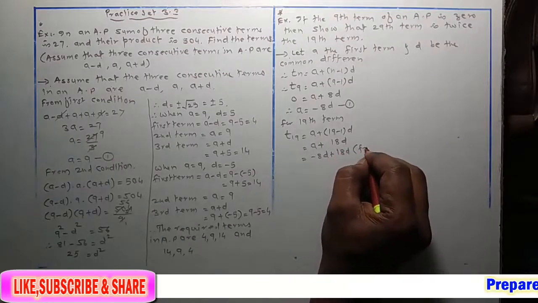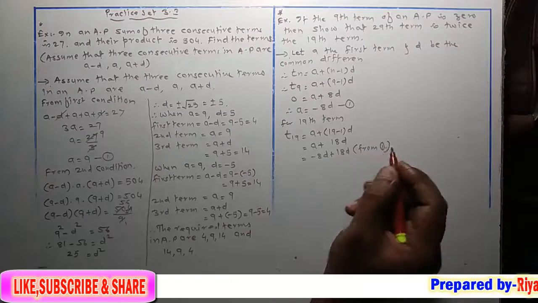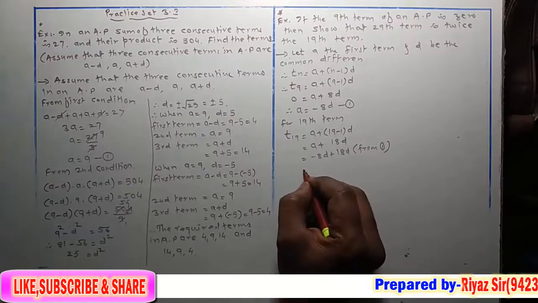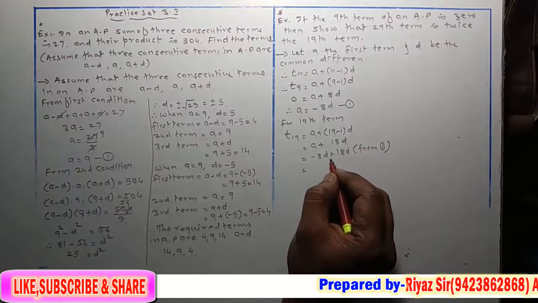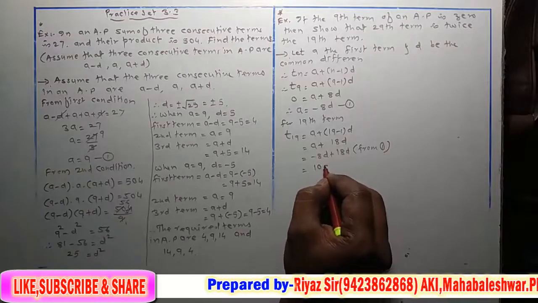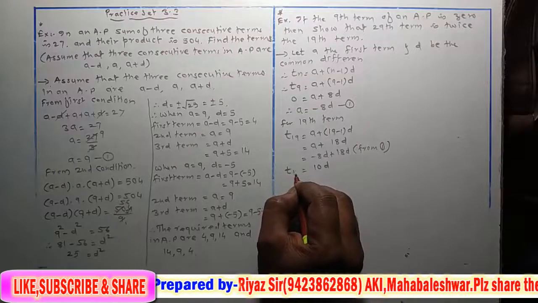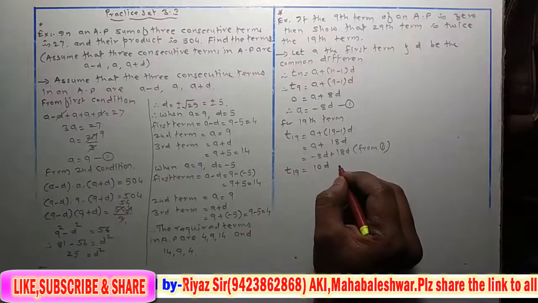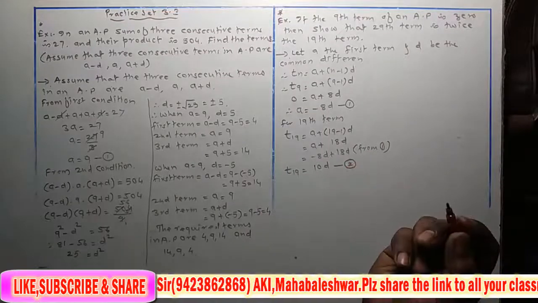Okay, this is from 1. So minus 8d plus 18d, different signs are there. You have to take subtraction. 18 minus 8, that is 10, and greater number sign. So this is the value for T19 is equal to 10d. This is equation number 2.